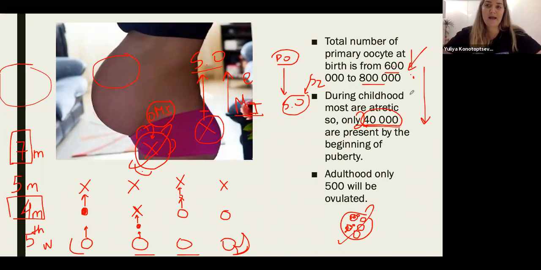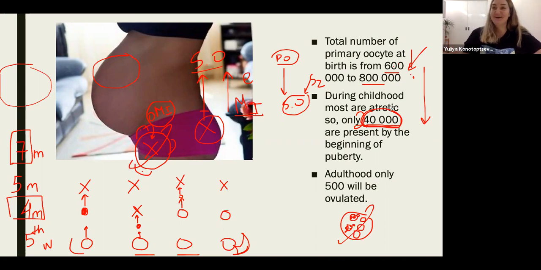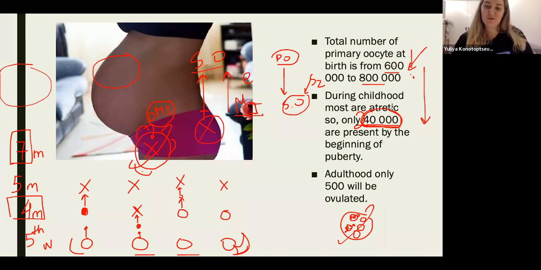So if the anatomy department number were true, when would you reach menopause? Taking 15 to 20 follicles every month, you would reach it at around 28 to 30 years old. But that's not the case; you reach it closer to 40 or 50 years of age. This is why it's more like 240,000. So that's the correct number.